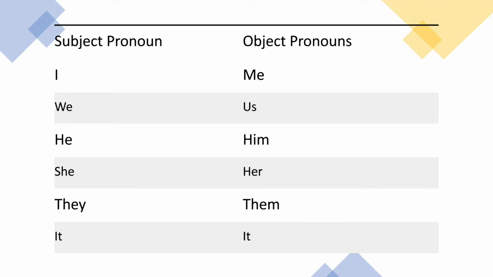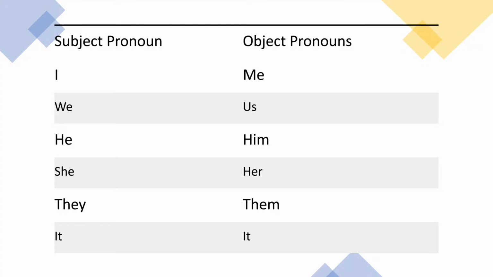For a woman, the subject pronoun is she. The object pronoun is her. For a group of people that are not connected to us, the subject pronoun is they. But when it comes to the object pronoun, you should use them.